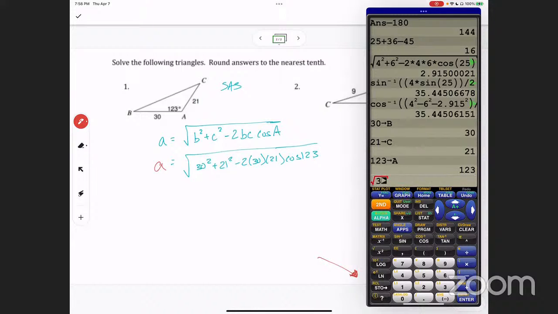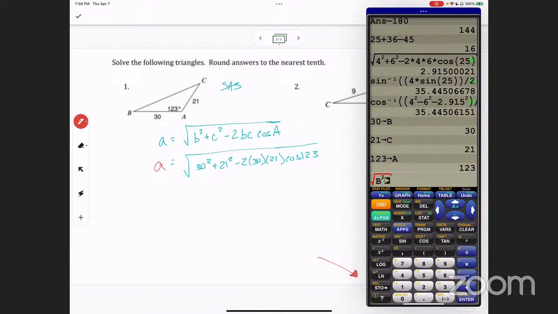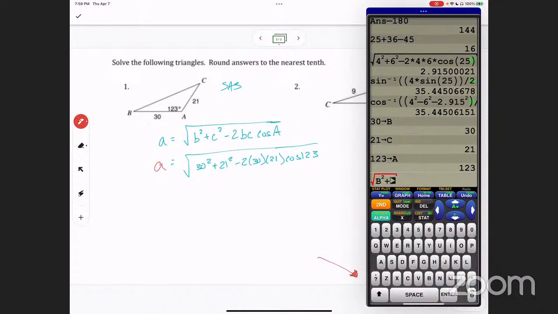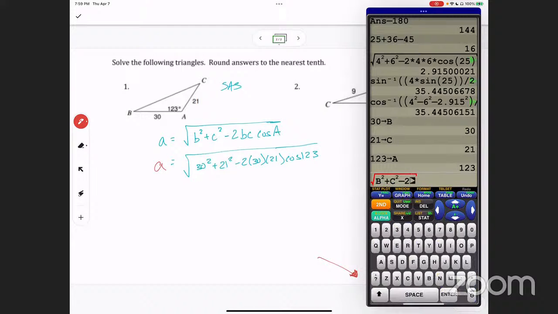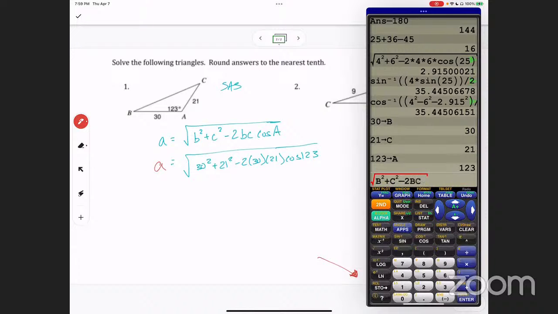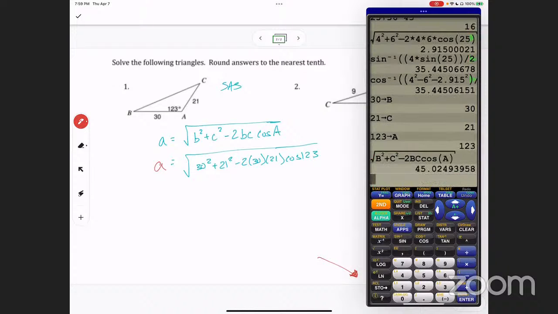Square root of, it's going to be B squared plus C squared, minus 2 B C cosine A, and hit enter, and it's going to give you that answer.